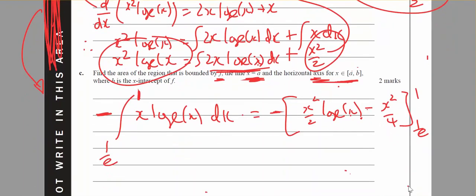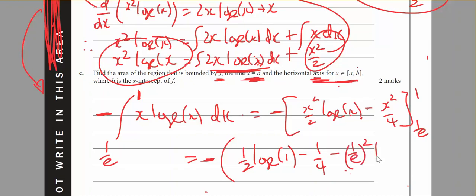Using the information given in the first part, it equals negative: if I put in 1, I'll have a half log base e of 1 minus a quarter. Then I put in my 1 on e, minus 1 on e squared times a half log base e of 1 on e, and then plus 1 on e squared times a quarter.